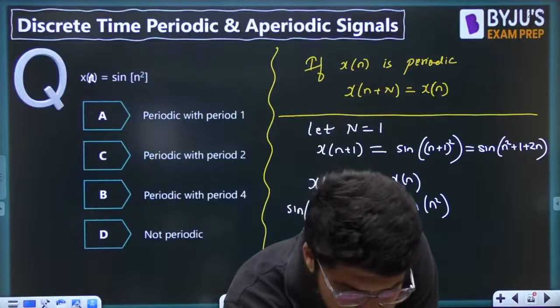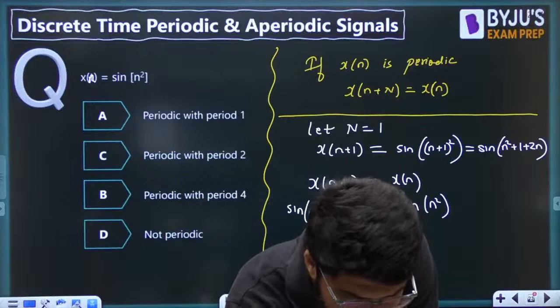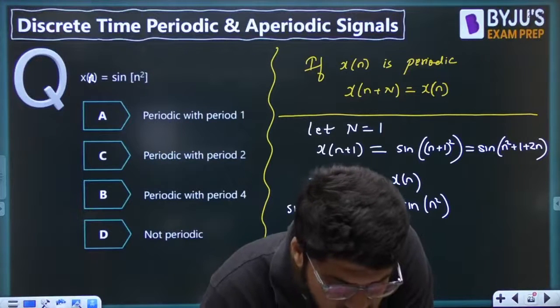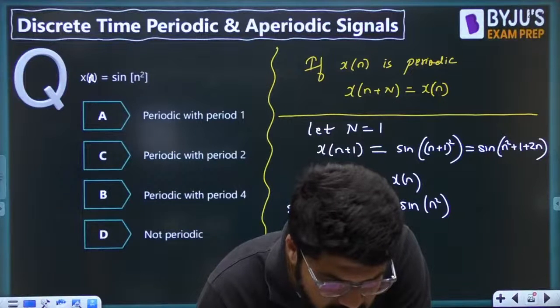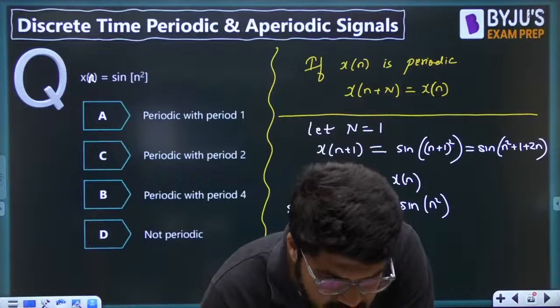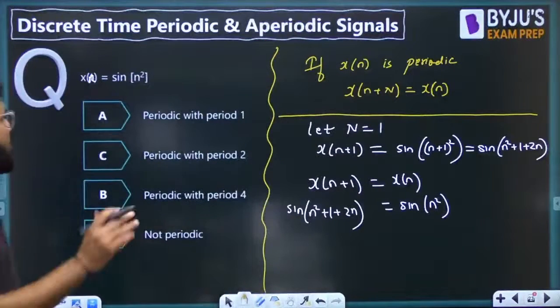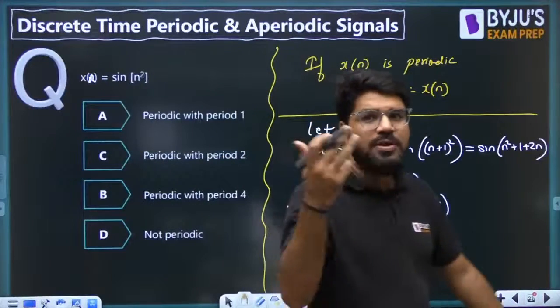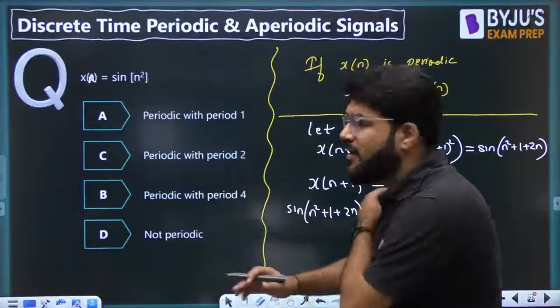Just a moment, dear. Correct, yeah. This will not be sin n square. Correct. No, this is not periodic. Of course, this is aperiodic. So I'll bring you a new question. I actually wanted to bring something else, but this is okay. I'll modify this.